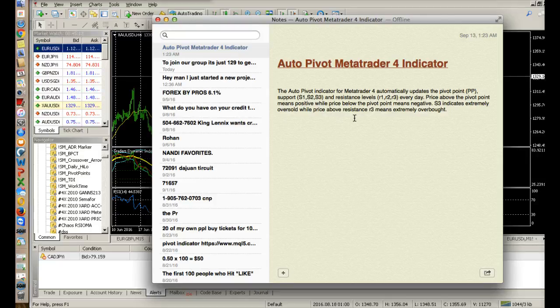Support 1, 2, and 3 are the support areas, and resistance levels are R1, R2, and R3. Price above the pivot point means positive, while price below the pivot point means negative. S3, which will be your support 3, indicates extremely oversold. And price above R3, which is resistance 3, means extremely overbought.